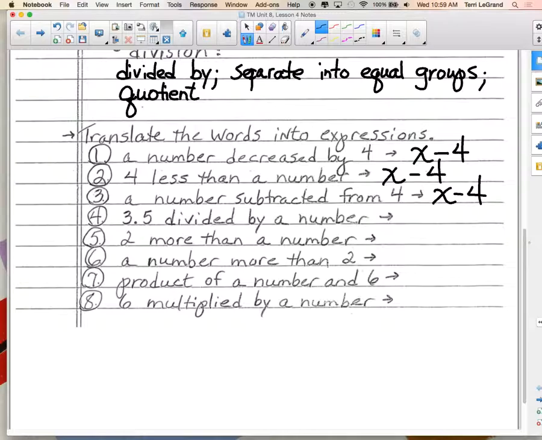The 4 is being subtracted, isn't it? It says the number is supposed to be subtracted from 4. So guess what? This one doesn't follow the order of the words either. This one says, no, start with the 4 and take away from it the number. Subtraction is the trickiest one there is. You have to be really careful and think through it.